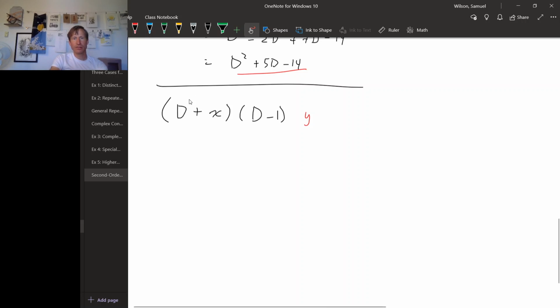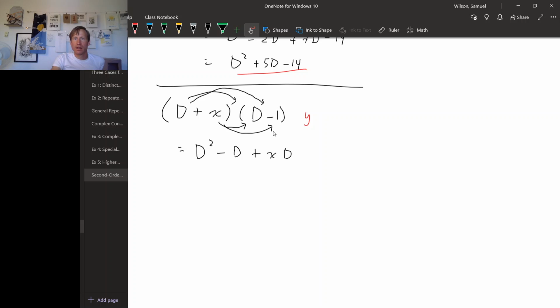Okay, so distributing this, we get D times D, so that's D squared, and then D applied to minus 1, so that's minus D applied to 1, but we can move that 1 inside or outside this D, so we don't really need to write it down. Now here is plus x applied to D, and then minus x.